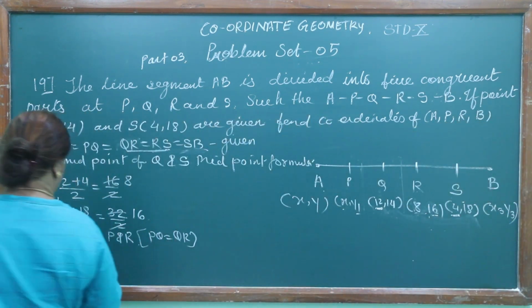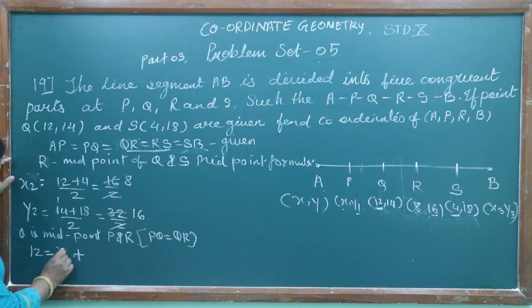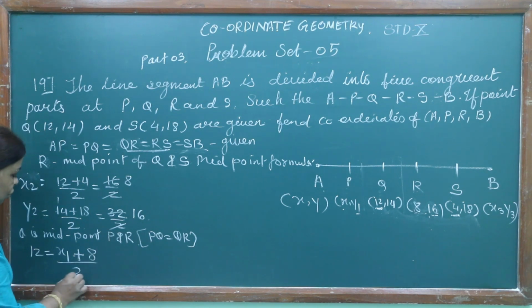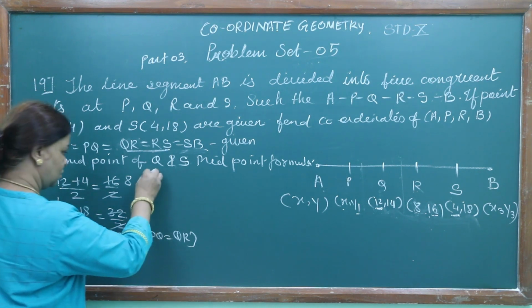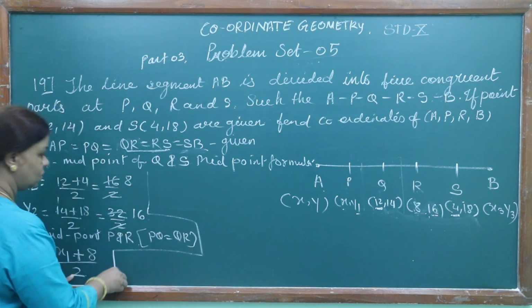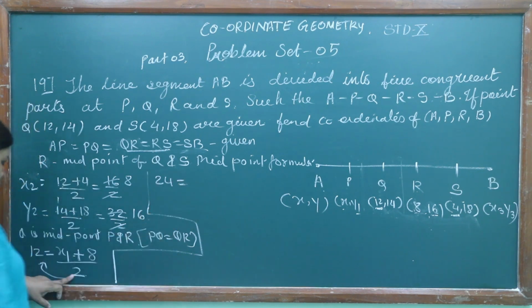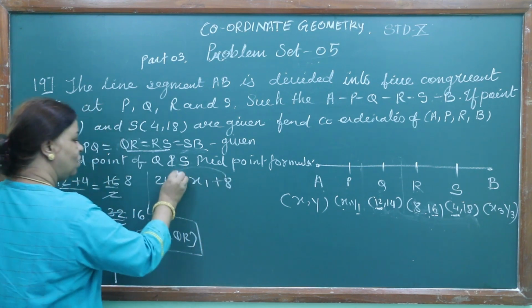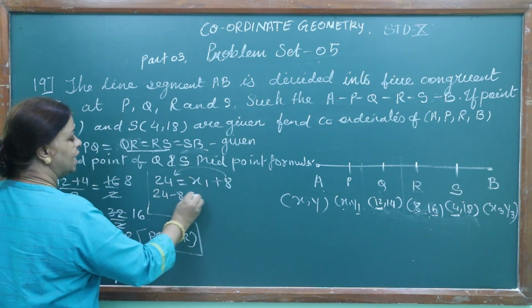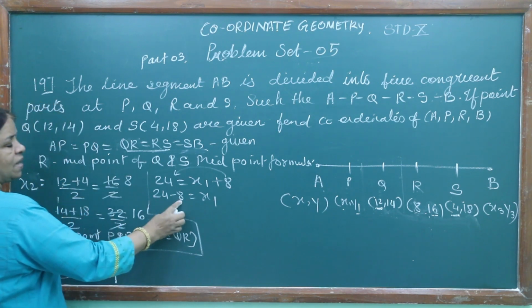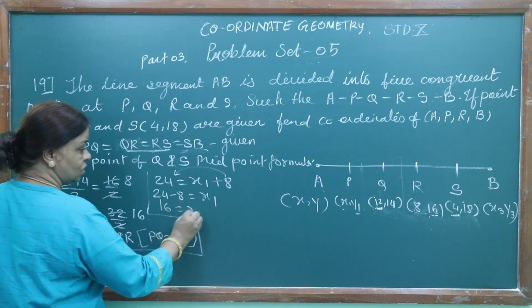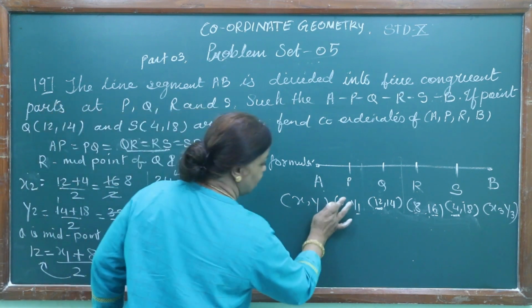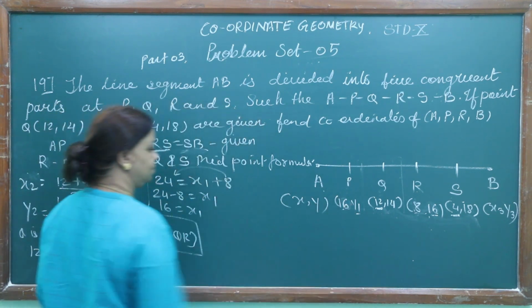The x coordinate of P is x1, and the x coordinate of R is 8, upon 2. 2 will go up, and 12 twos are 24. So 24 is equal to x1 plus 8. 24 minus 8 is equal to x1, which is 16. So we got the x coordinate of P, which is 16.